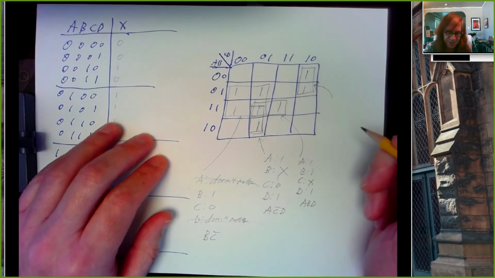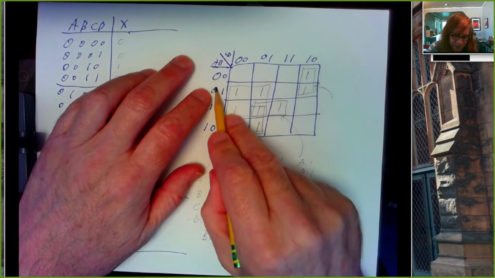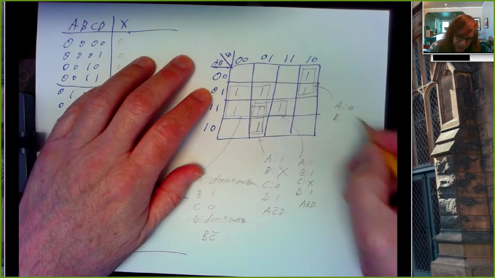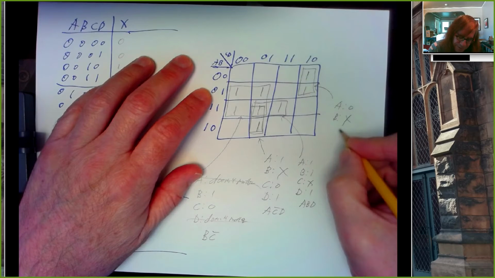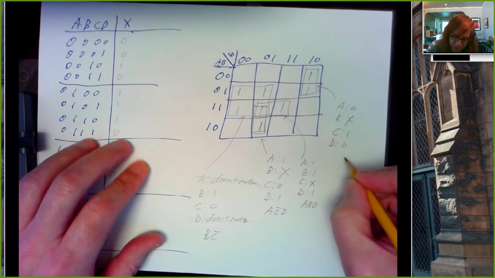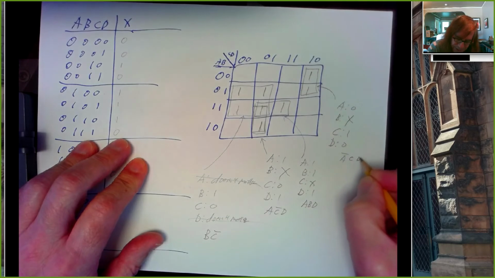And last rectangle of the bunch looks like A is a 0, B can be a 0 or a 1, so we don't care. C is a 1, D is a 0, so this is A bar, C, D bar.